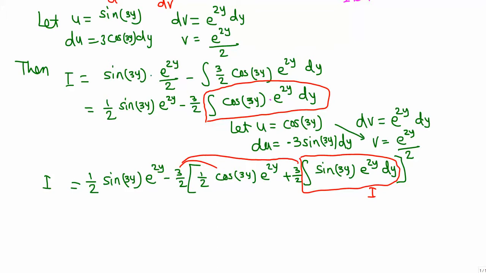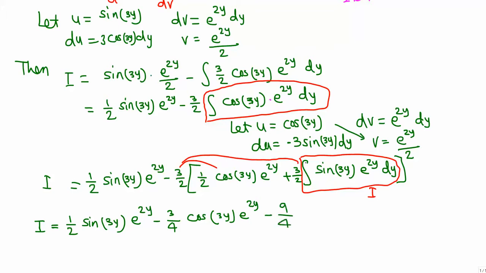We get I equals, instead of writing the whole integral, I'm just writing I: 1/2 sine 3y times e raised to 2y minus 3/2 times 1/2, which is 3/4 cosine 3y e raised to 2y, minus times minus 3/2 times 3/2, which is 9/4 I, the original integral without the factor 6.